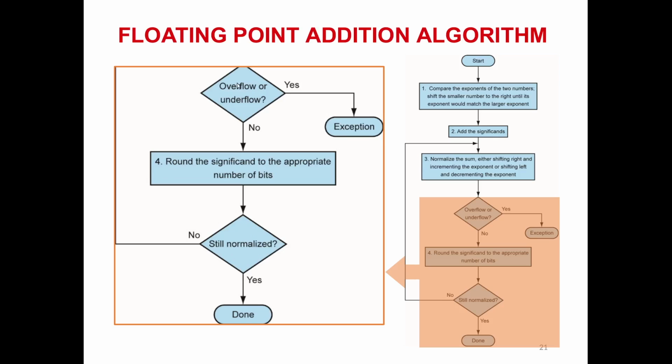If overflow or underflow didn't occur, which means that our result can be stored in the current precision format, we need to round the significand to the appropriate number of bits, and then we need to check if we still need more normalization or not. If it's done, everything is okay, and the algorithm goes to done.